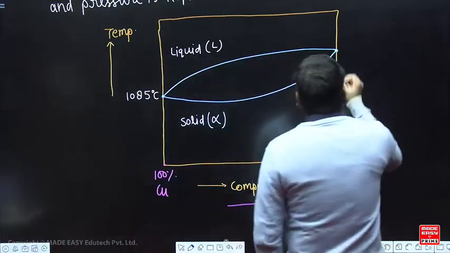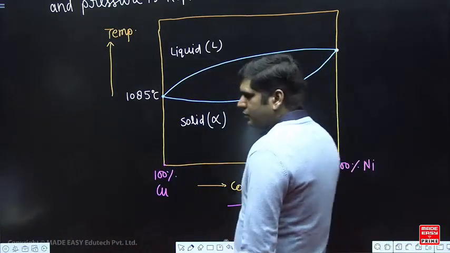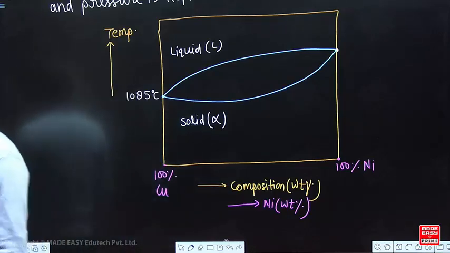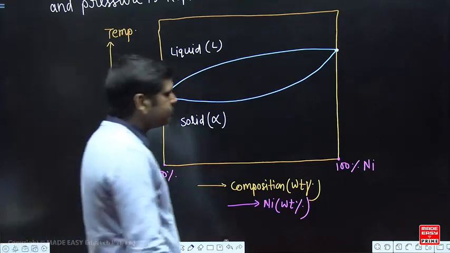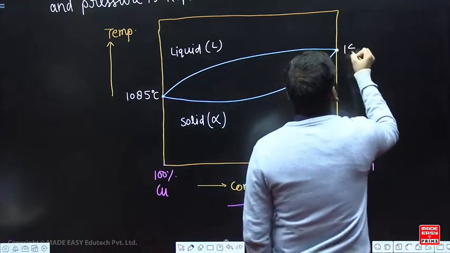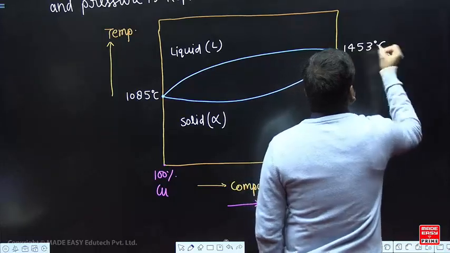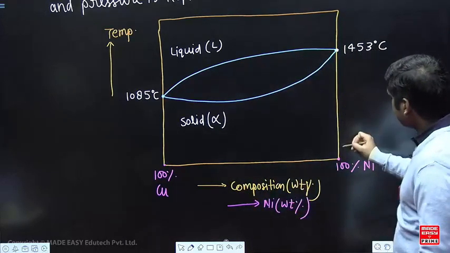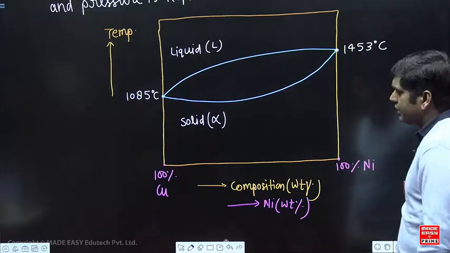This is nickel. This line is representing nickel. The melting temperature of nickel is 1453 degrees centigrade. Below this temperature nickel is solid and above this temperature nickel is liquid.